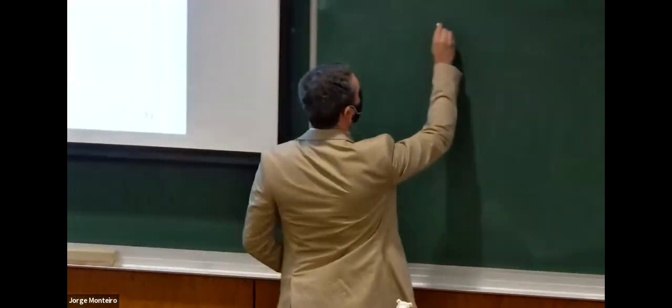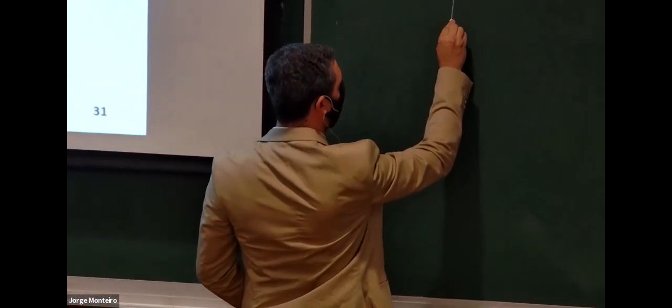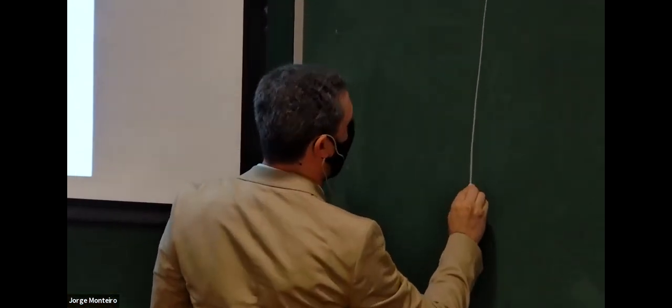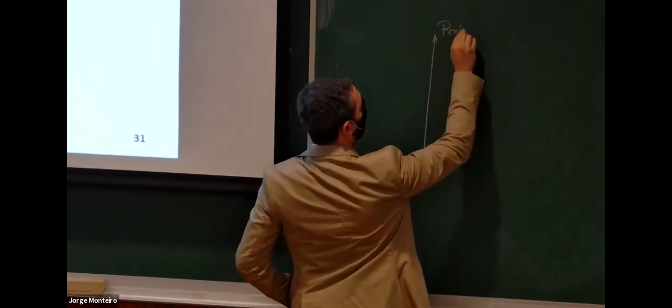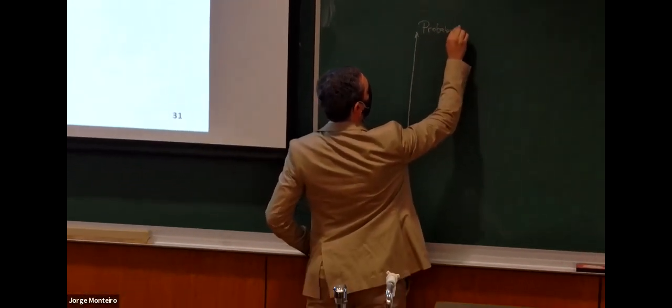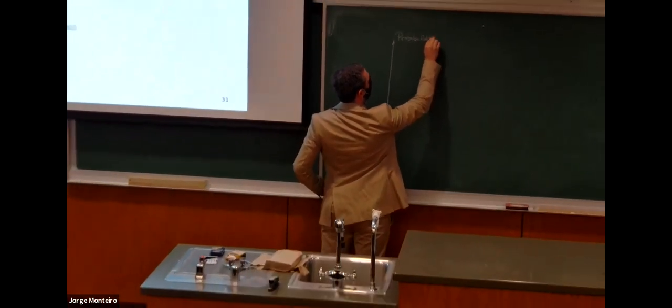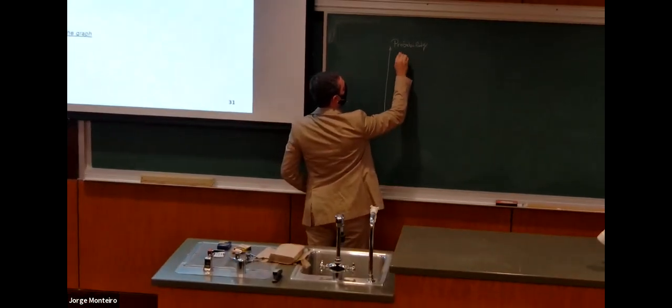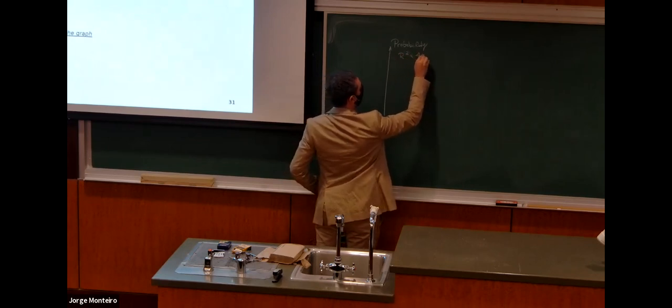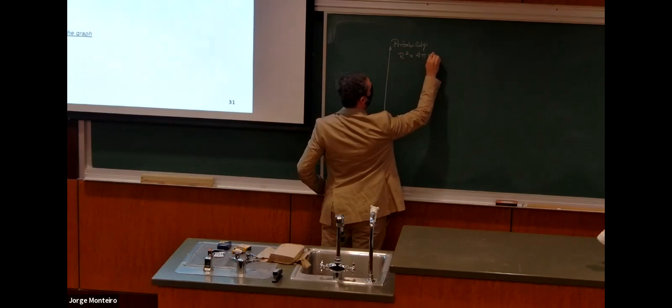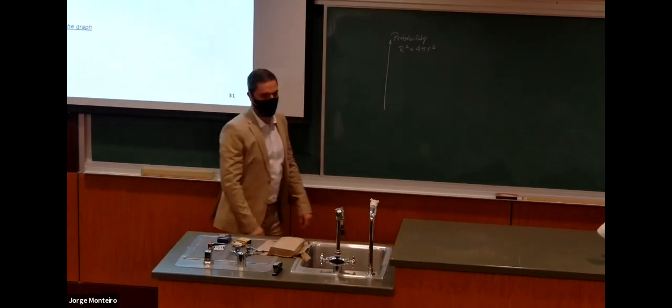Any probability graph will then have probability on the y-axis, and remember that probability is R squared times 4 pi r squared.